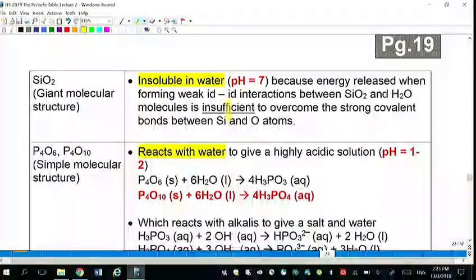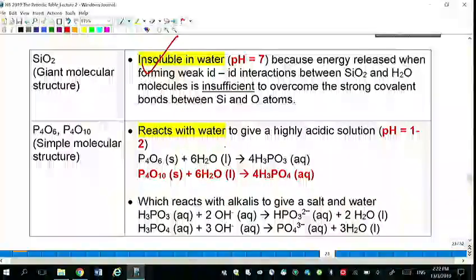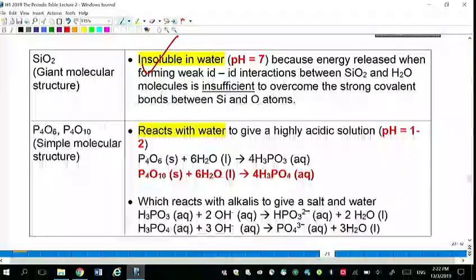Now, if I have P4O10, there's P4O6 and P4O10. P4O6 is not stated in your syllabus, but it's good to know. P4O10, when it reacts with water, will form a highly acidic solution. Why? Because it will form phosphoric acid, H3PO4, 4 moles of it.